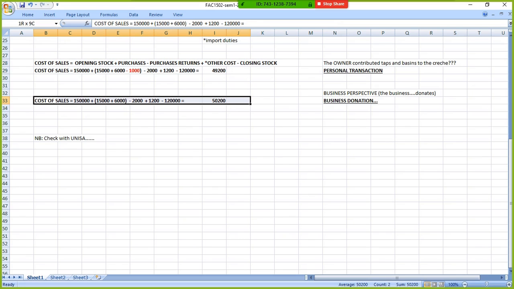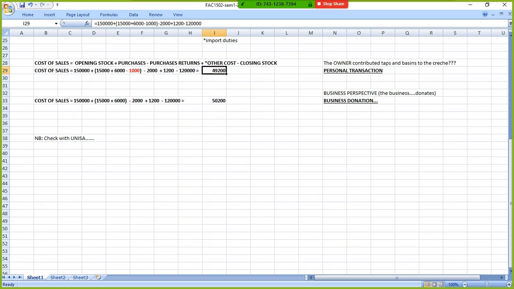If you assume that it's a personal contribution to the local creche and it's not a business-specific transaction, then you would have that other answer. But either way, one of the two needs to be an answer in the actual MCQ. So I'll raise this on the discussion forum or email, or do both.